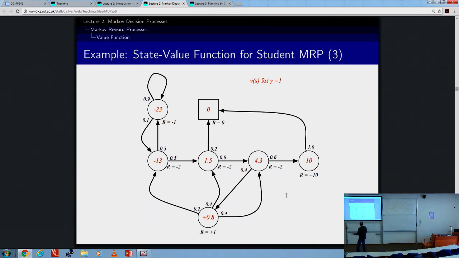So at least for some of the values, this says minus 13. Why does this say minus 13? Well, I have a definite minus 2 reward from this one, and there's a 0.5 chance that I'm going to get plus 1.5, and a 0.5 chance that I'm going to get minus 23.